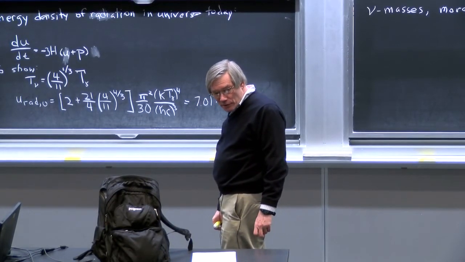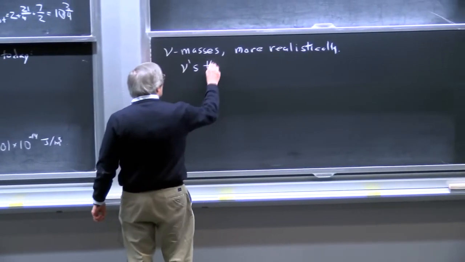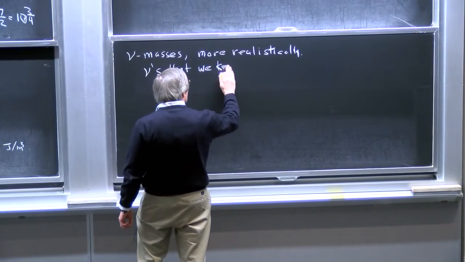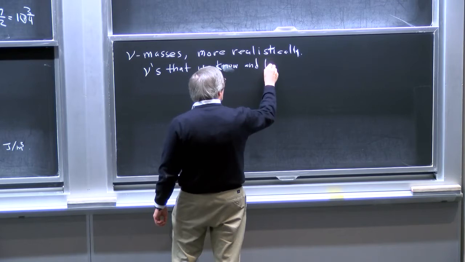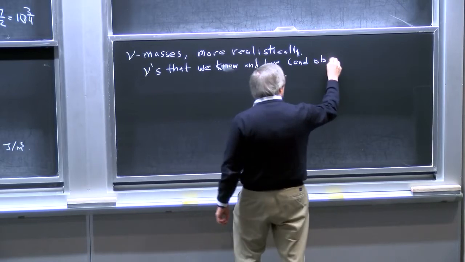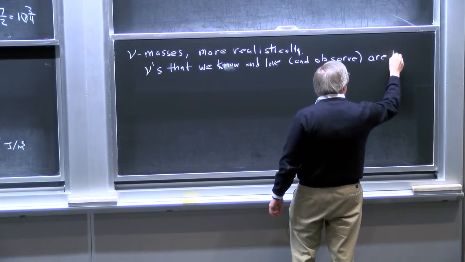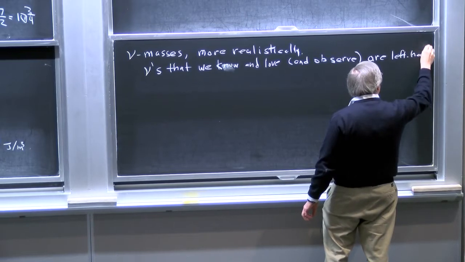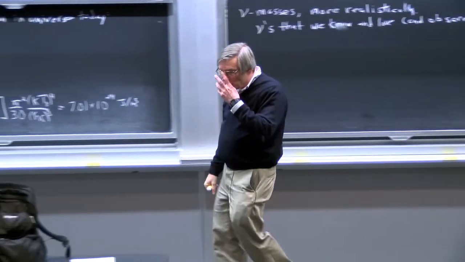Remember, the neutrinos that we know and love are left-handed. Nobody has ever seen a right-handed neutrino.